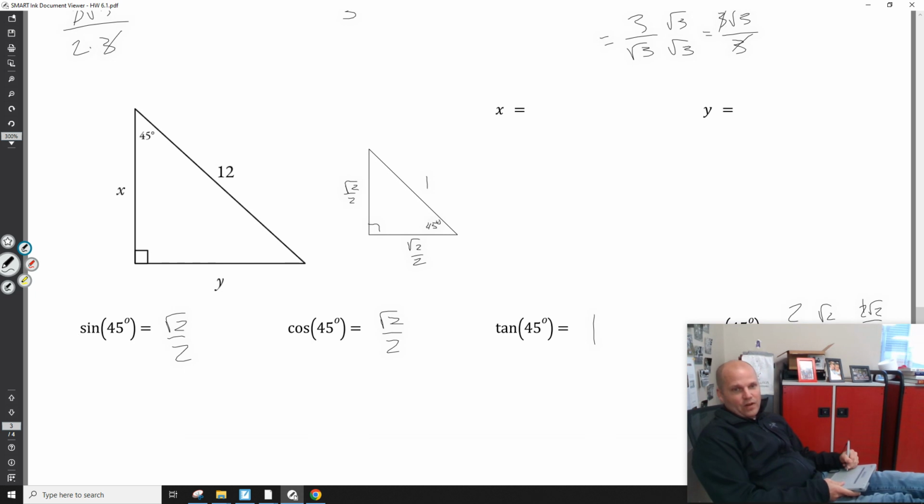But we do want to find these lengths. If this is a 45, 45, 90, and this is a hypotenuse of 12, that's your multiplier times 12. So m is 12. I need to take root 2 over 2 and multiply it by 12.